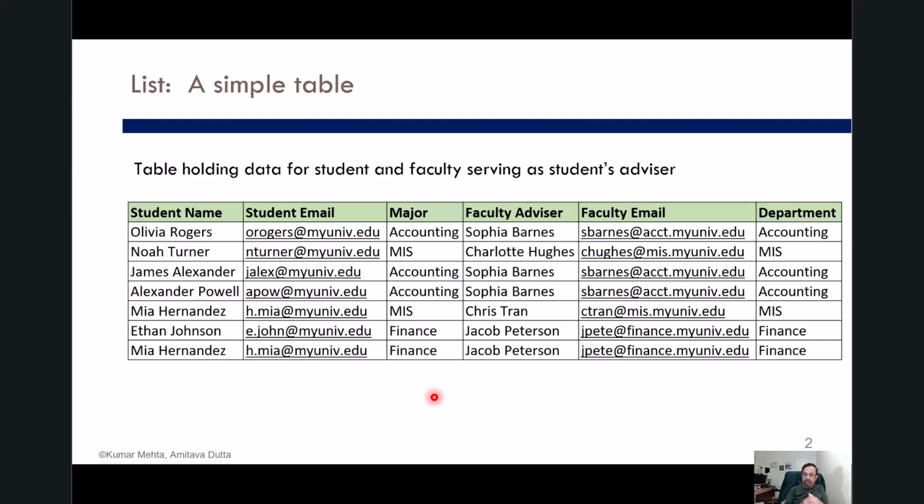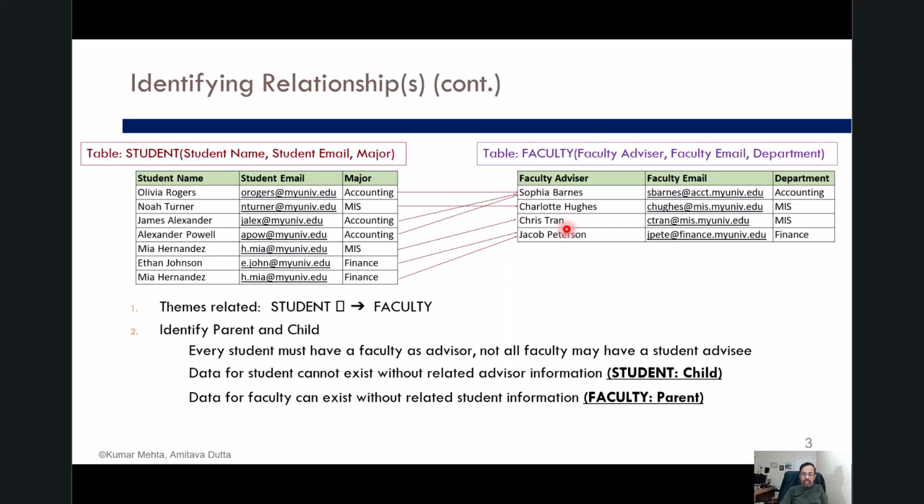It's got its problems. So what did we do informally again to fix that problem? In that very first class, we said, well, let's find different themes that are there in this one big table. And we had come up with and identified a theme called student, and we had identified a theme called faculty.